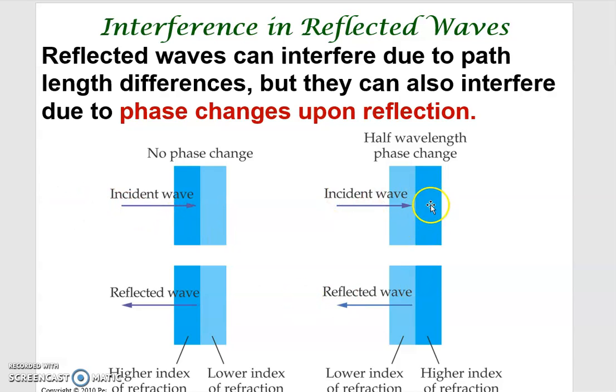But for the higher index of refraction, it is a fixed end. Originally, the wave will try to drag the material down, but it cannot. So instead, the wave will be dragged downward, so they will be out of phase. This is the thing we already studied before.